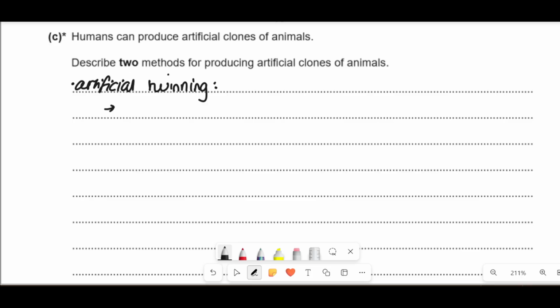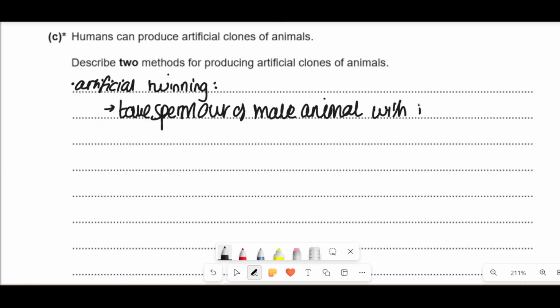So what we do is you'd pick an organism or male with desired characteristics, and you take sperm out of them. So you take sperm out of a male animal with desirable characteristics. And then we're generating the whole embryo.